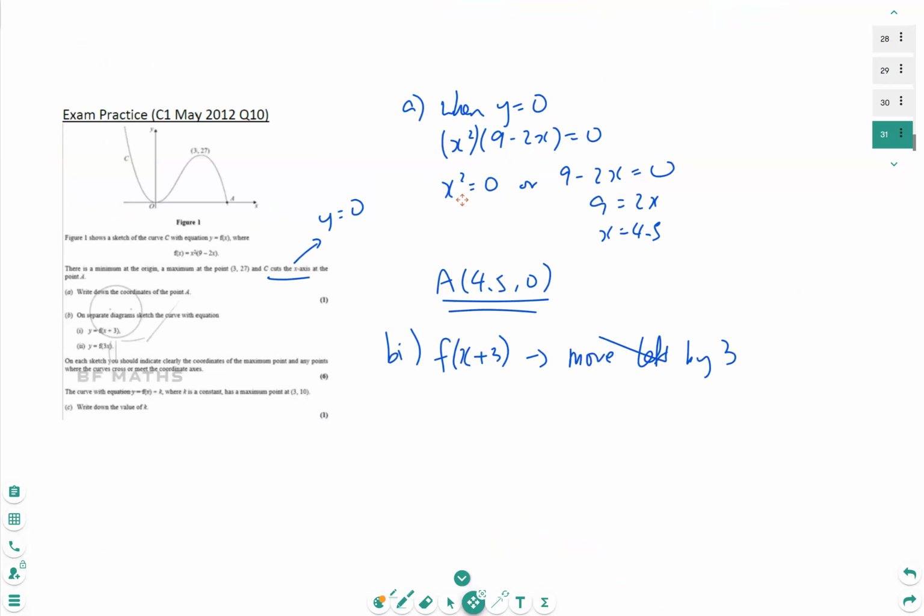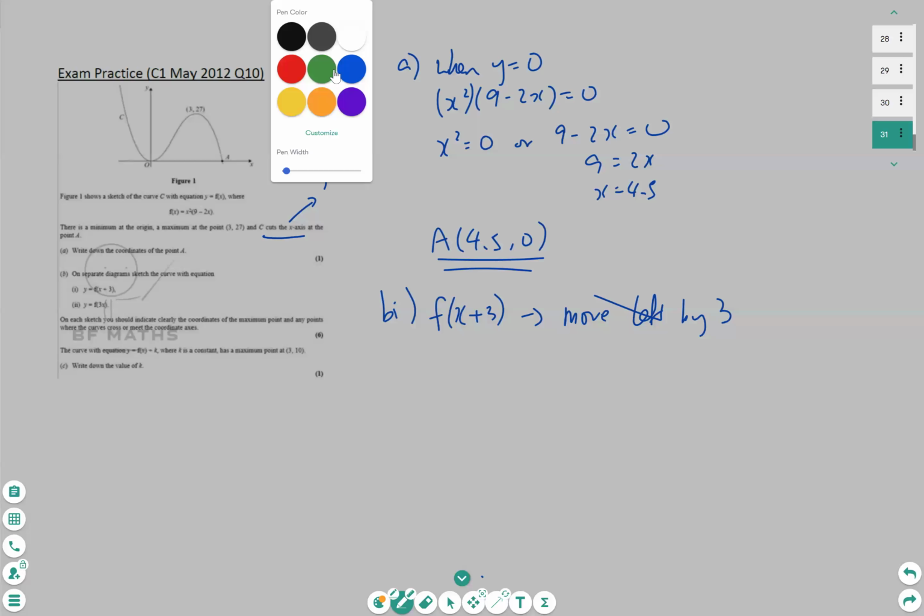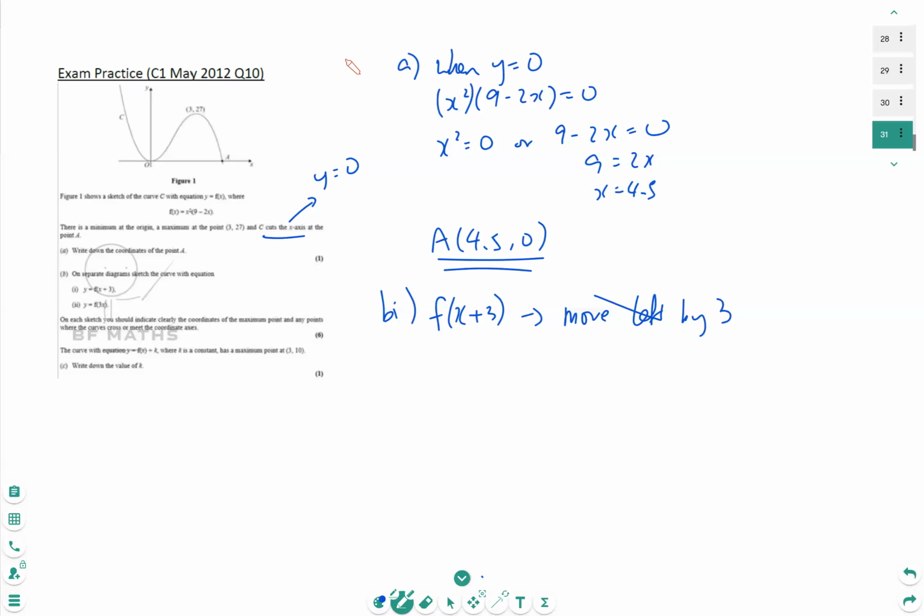Part C. Let's have a look. The curve with equation y equals f of x plus k. Now, it did not tell you what k is. However, you should know what transformation this is. We're moving either up or down by k. We don't know which. If k is positive, we move up.